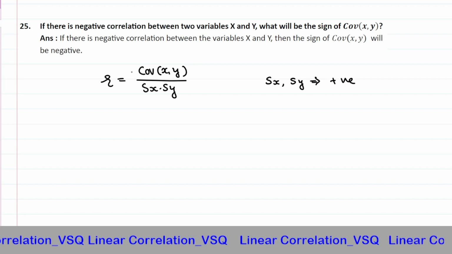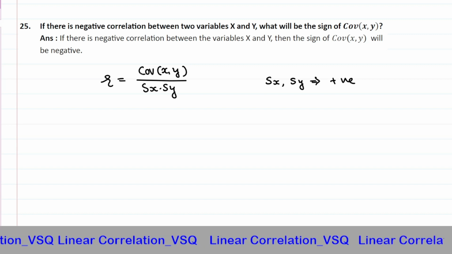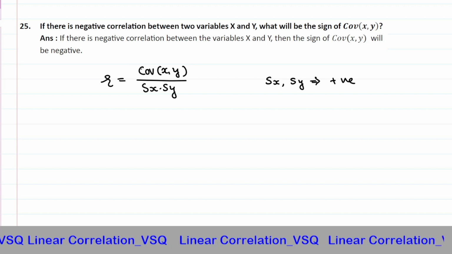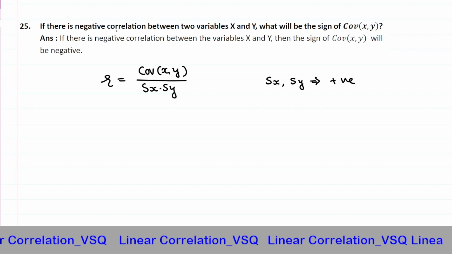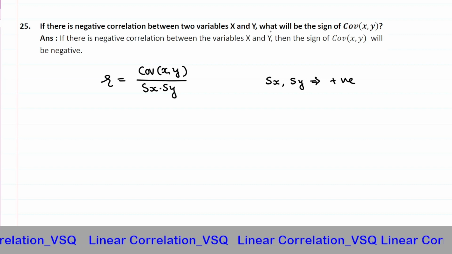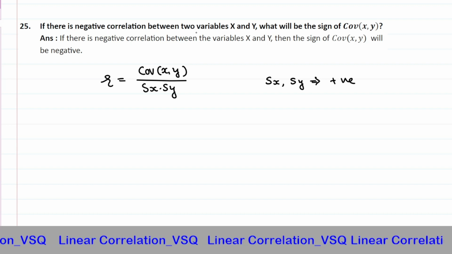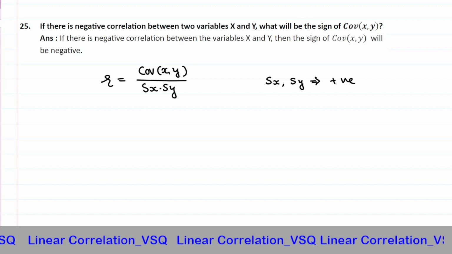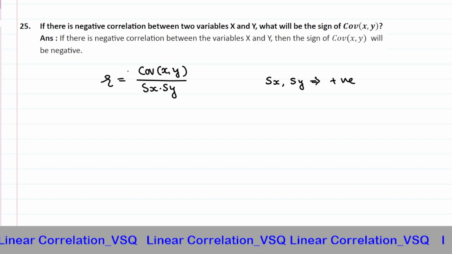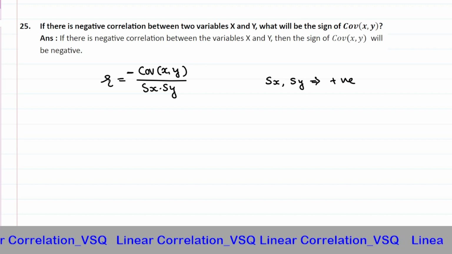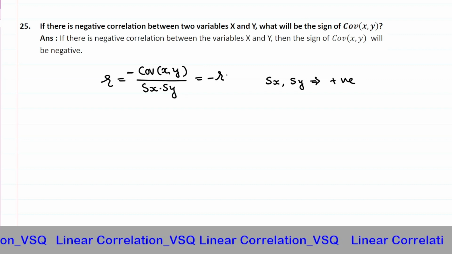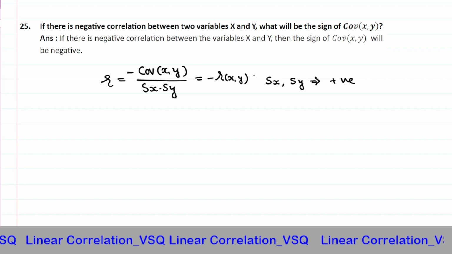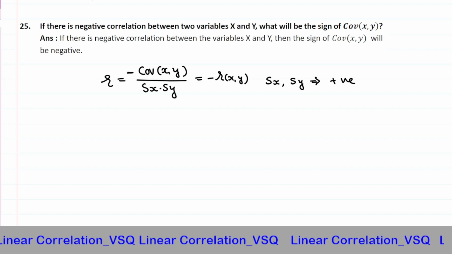That means the sign of the correlation coefficient depends on covariance only. Covariance may be positive or negative. So if the correlation between x and y is negative, obviously the covariance is negative. Only if this sign is negative will the sign of r be negative, right? Sx Sy is always positive.